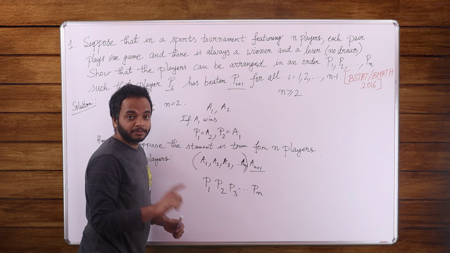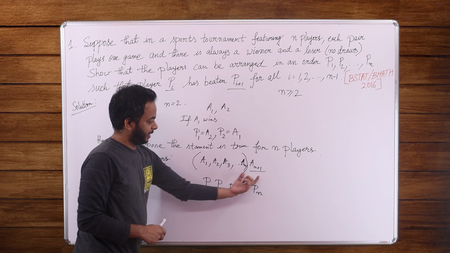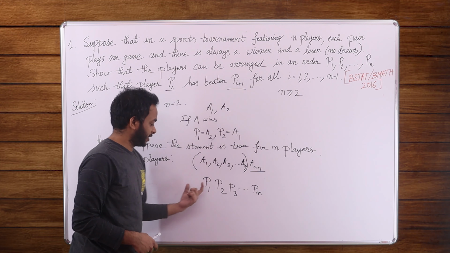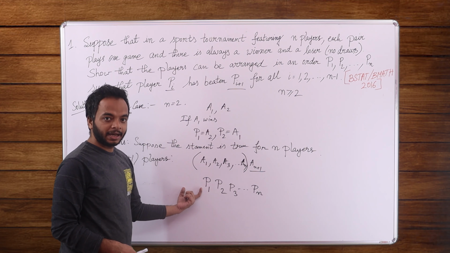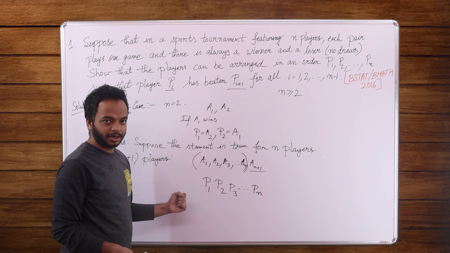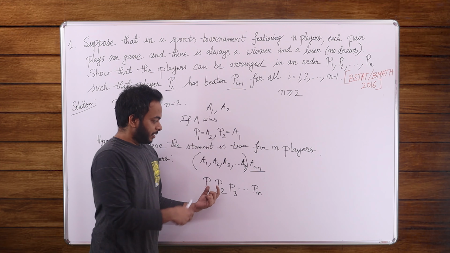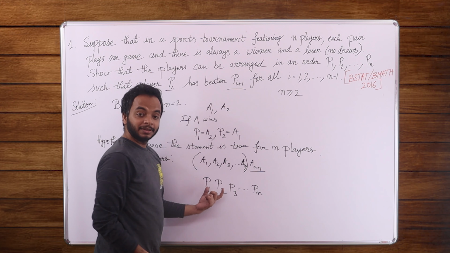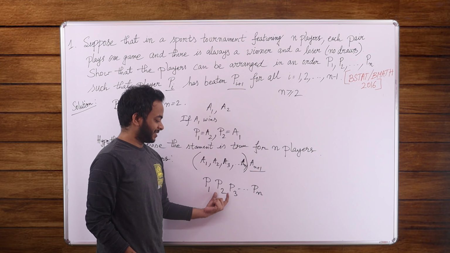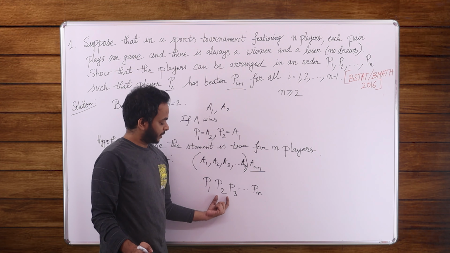Sorry, I missed one case: if the n plus 1th player has defeated P1, I just bring it and let it sit at the very beginning. Now again I'll check whether the n plus 1th player has defeated P2 or not.